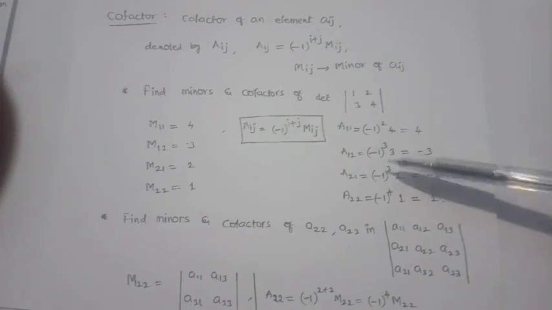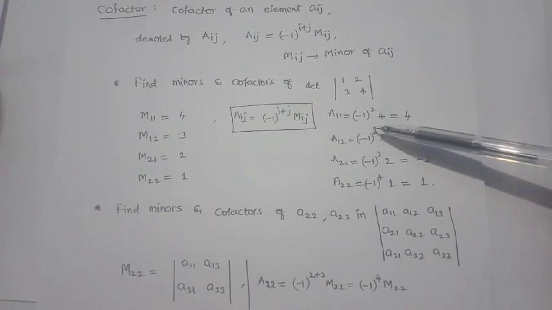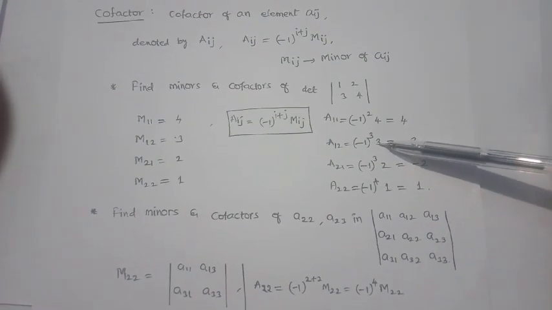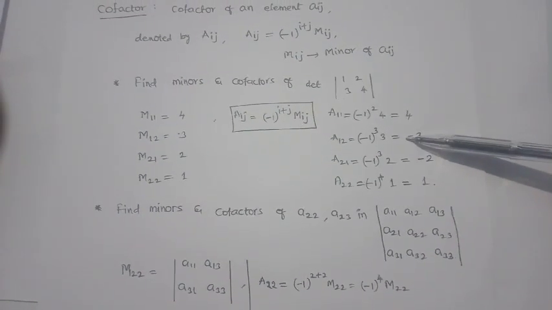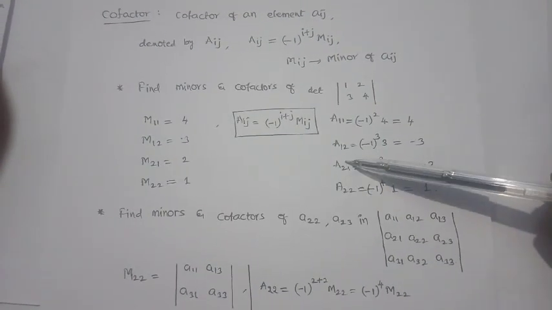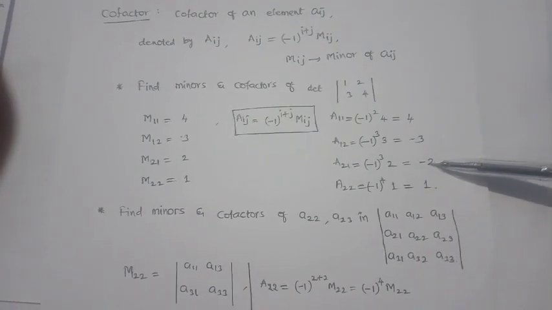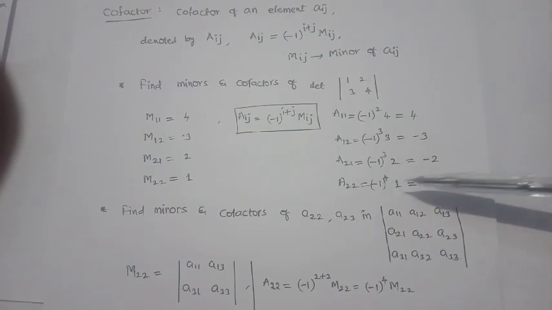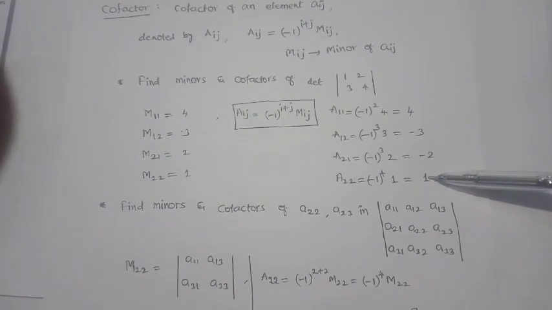Now coming to the second, A12 is equal to (-1) whole power 1 plus 2, which is 3, into M12, which is 3. That is (-1) whole power 3, which is -1, and with 3 it is -3. In the same way, A21 is (-1) whole power 3 times M21, which is -2. A22 is (-1) whole power 4, which is +1, multiplied with M22, which is 1.